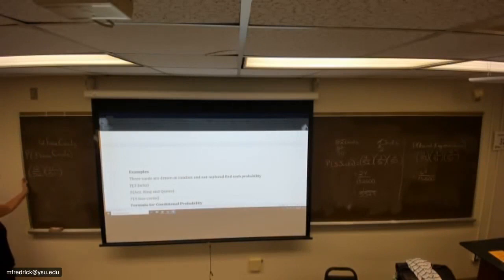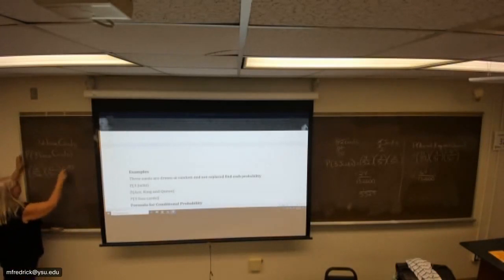We're assuming each time that we're picking the correct one. So the probability that the first one's a face card is 12 out of 52. Now, assuming this happened, the probability of the next one would be 11 out of 51. Assuming that happened, then there's only 10 face cards left out of the 50.